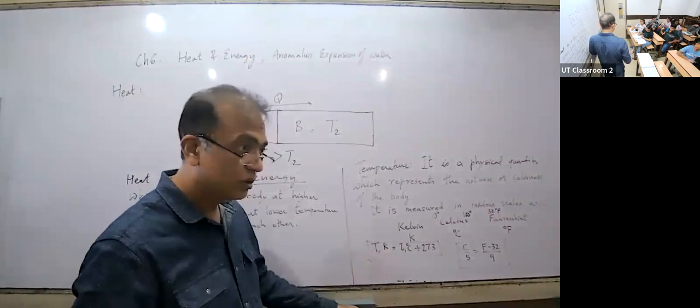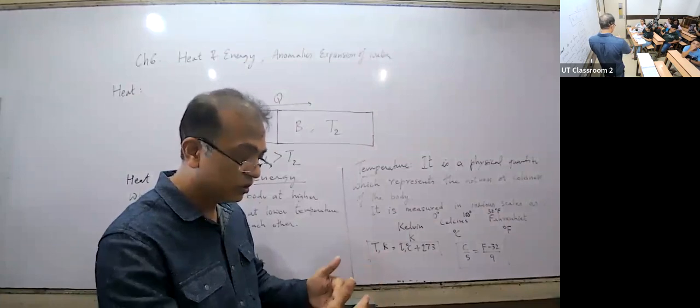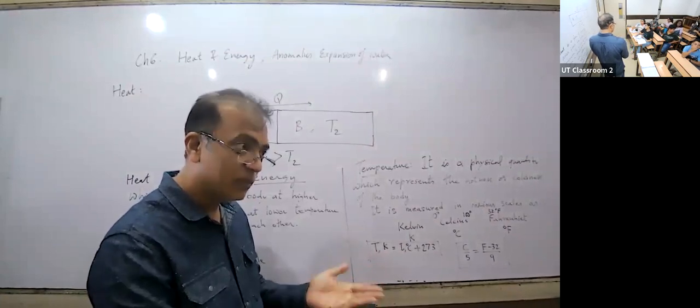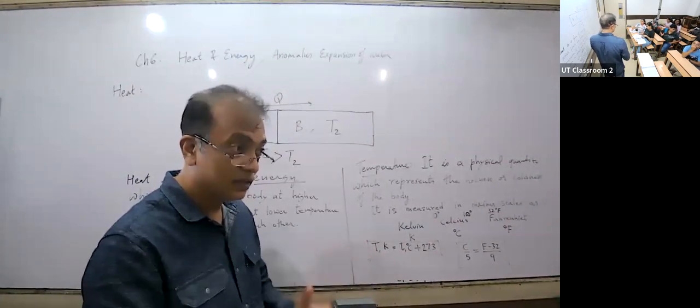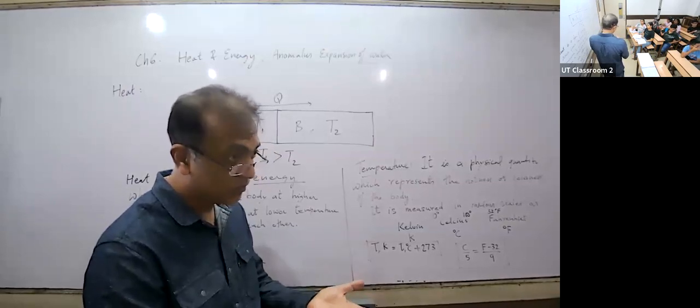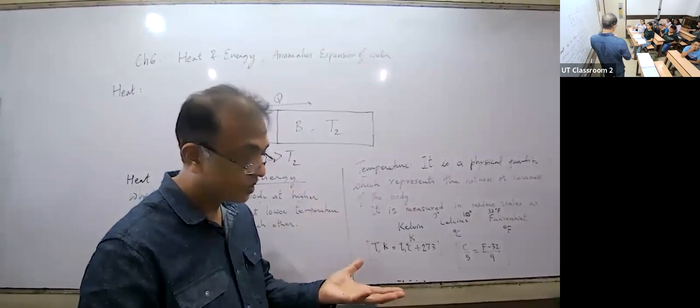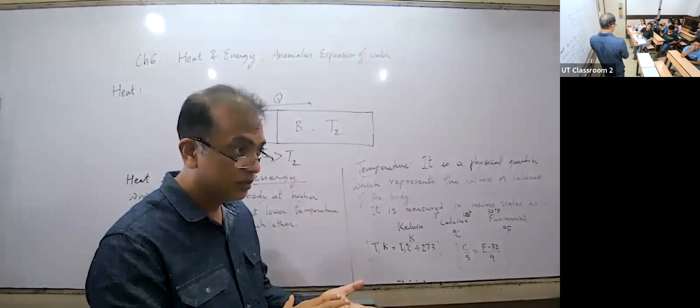Like wood, asbestos sheet, wool, glass wool, they would not allow the heat to pass. They are bad conductors. But if it is an iron on which we make chapatis, right? It is made hot from here. Suddenly the other side also is very hot. So that is a good conductor.